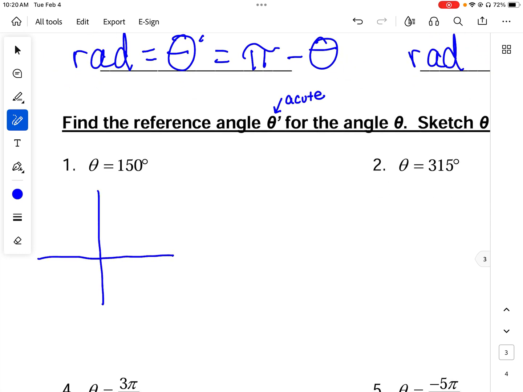So 150 degrees. We know this is 0, this is 90, this is 180. Just think back to your unit circle. If I'm going 150, then it's going to go, let's say, to right there. So this is theta. Theta is 150. So we need to find theta prime, so I'm going to draw my little right triangle. See how we're in quadrant 2?